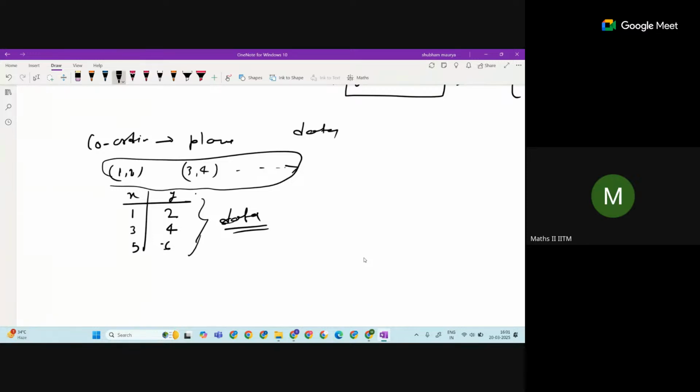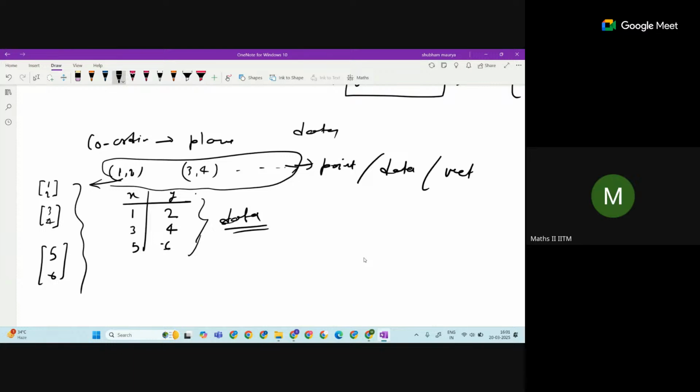Now see, these are points. If you think, this is a kind of vector also, 1 2, 3 4, and 5 6. So this point we can think of as a vector also. Many things we can call it: a point, data, a vector. All of it is the same thing happening. If you write in this form, you can call it data. This form is a point vector. This form is a point.